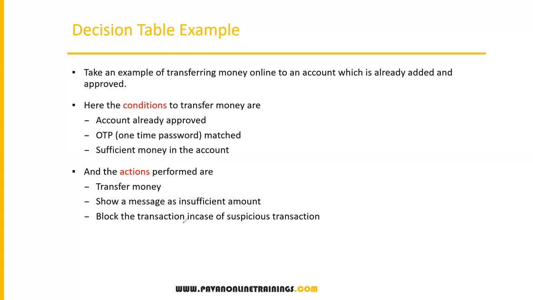These are the actions to be performed based on certain conditions. Now, for this requirement, we have to write test cases, and we have to cover each and every condition, and every action should also be covered. So whenever you see this kind of requirement, with conditions and corresponding actions, then we go for the decision table technique. Now I'll show you how we can use this decision table technique to prepare the scenarios.